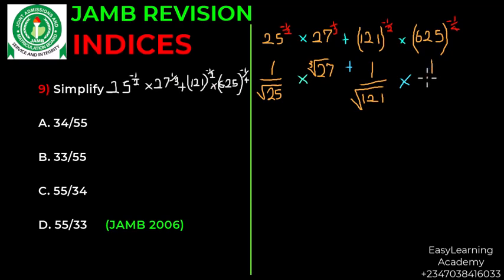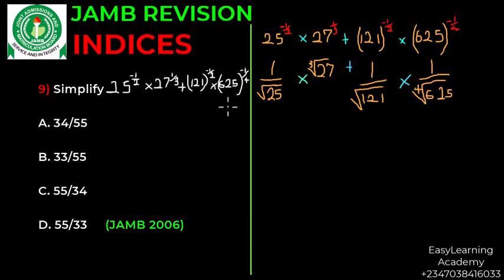To take away the minus sign, we introduce a 1 over. The minus sign is gone, and we now bring in the fourth root sign. It's the fourth root, not the square root, because it's 1 over 4. So we now have 625 there.